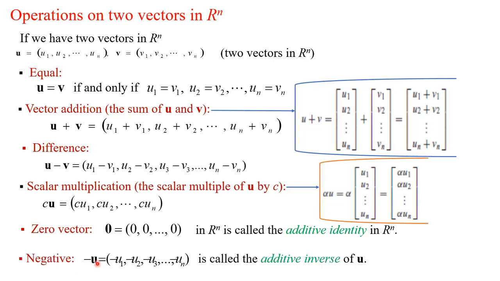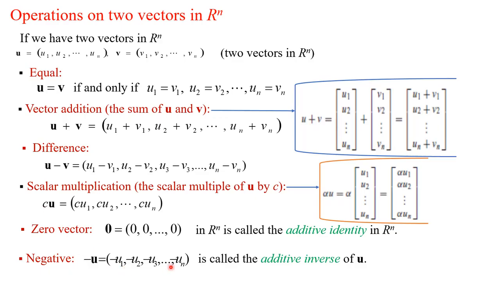Then we have the negative of a vector, where the negative of a vector is just multiplying every component of your vector with -1. So the negative of a vector is just the reverse of your vector. If your vector is pointing leftward and you multiply this with -1, then it will now point in the rightward direction. So the negative of a vector is just a scalar multiplication with -1.